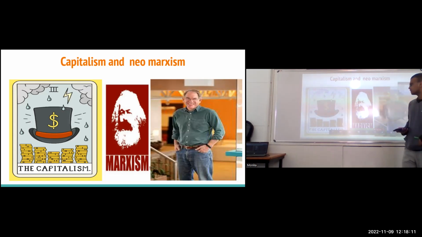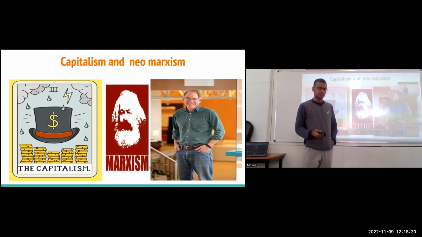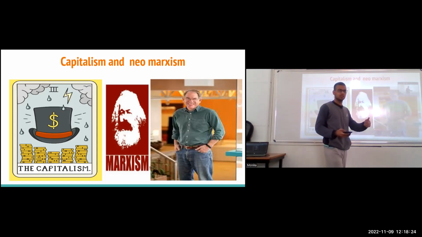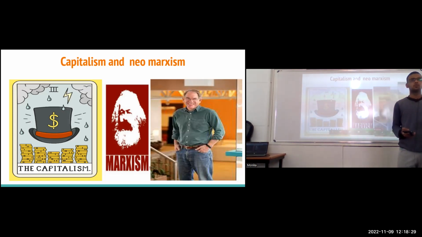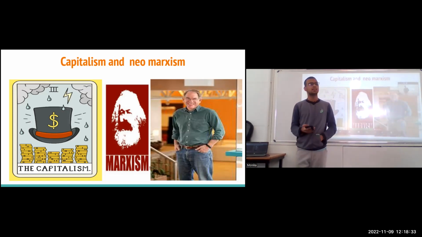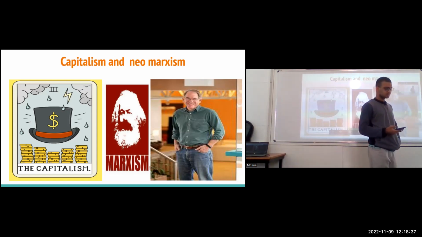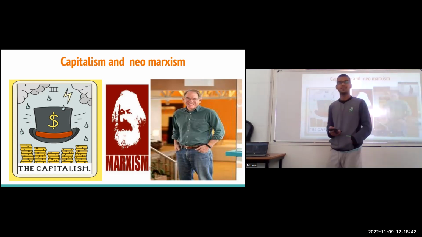So first and foremost, the Marxist critique of capitalism is about the competitive nature of capitalism and the accumulation of wealth, where, for example, a small percentage of people hold a large amount of wealth. But what if I said the theory proposed by Karl Marx has failed?